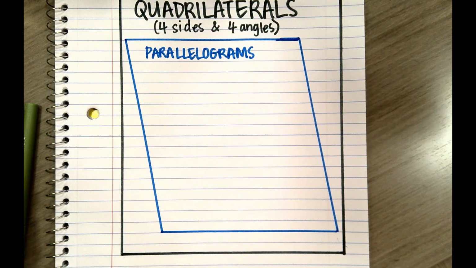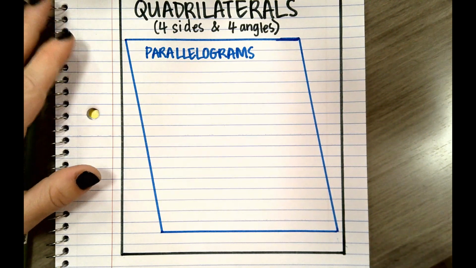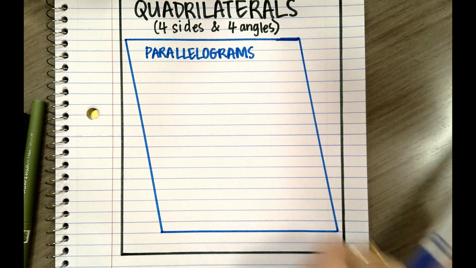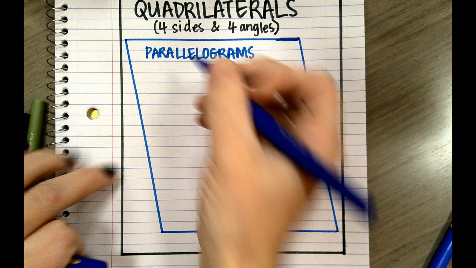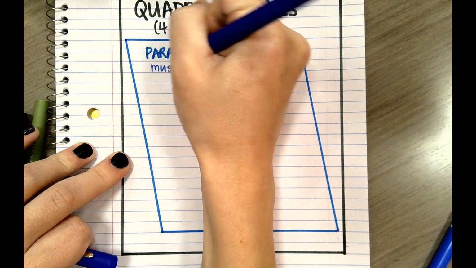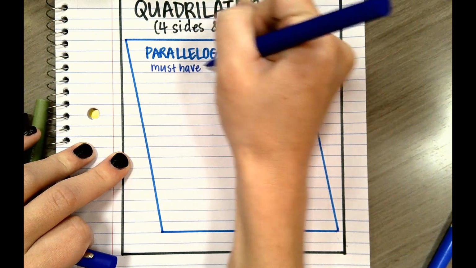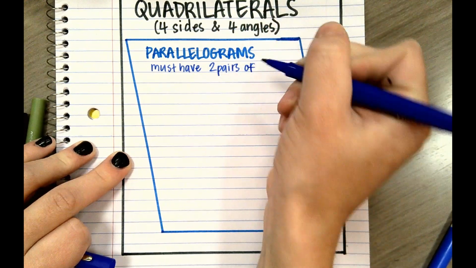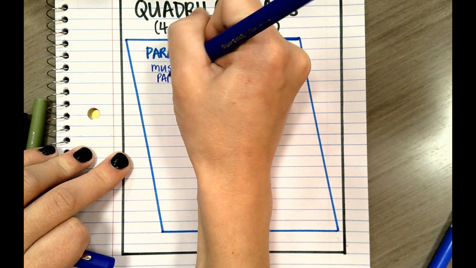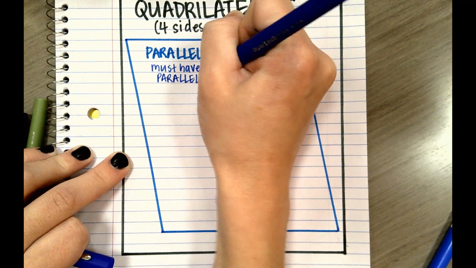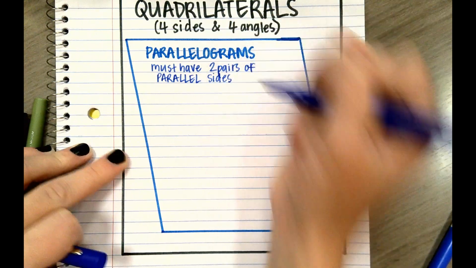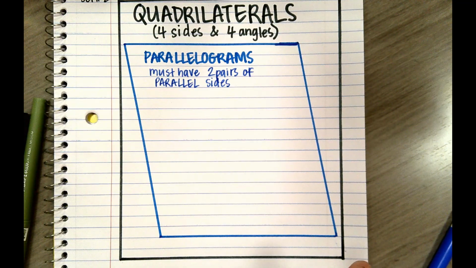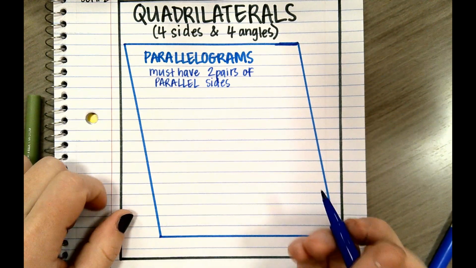So parallelograms must have 2 pairs of parallel sides. And we can mark that sides are parallel using those little arrows on the sides.